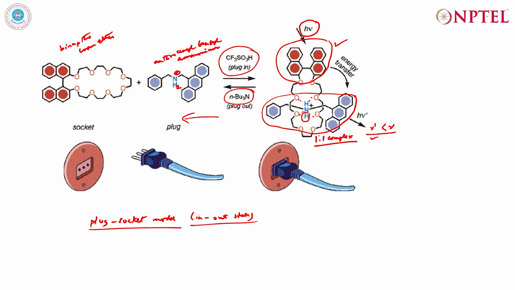So this change in the fluorescence profile, because of this threading mechanism, actually controls the threading, and then the de-threading is controlled by the base, and the threading is controlled by the acid. So this kind of acid-base stimuli controls this movement of the species.